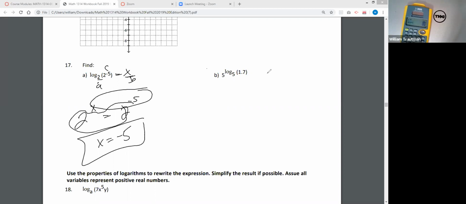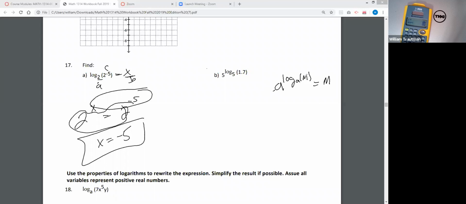Properties of logs, you want to look on your sheet to find one similar. And on my sheet it says A to the log base A of M equals M. So this is the formula.